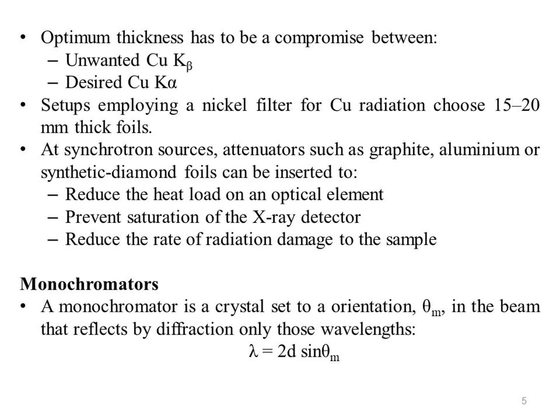A monochromator is a large flat single crystal set to a particular orientation theta m in the beam that reflects, by diffraction, only those wavelengths that satisfy the Bragg condition, which is lambda equal to 2d sine theta m, where d is the spacing between the chosen lattice planes.